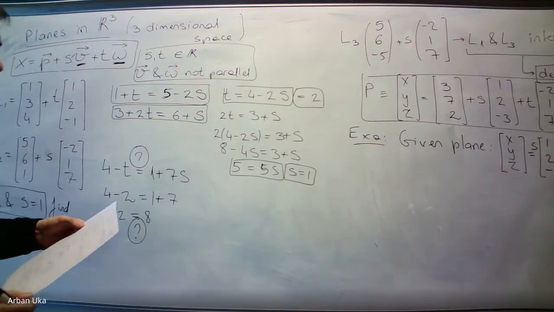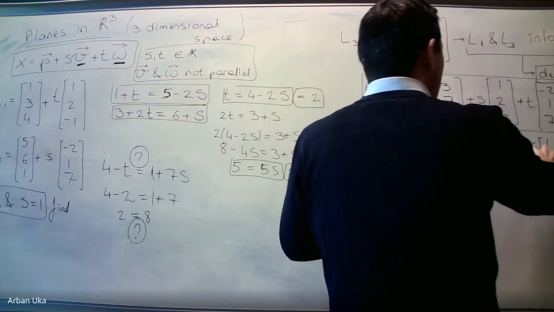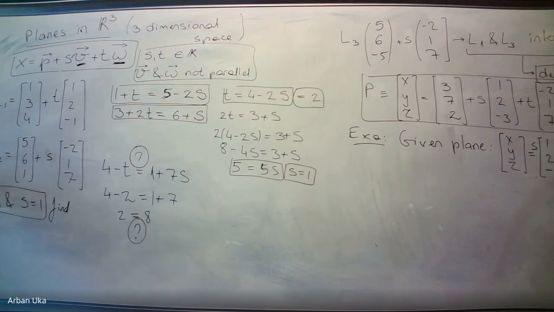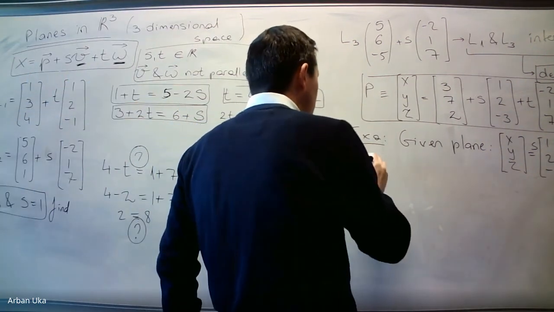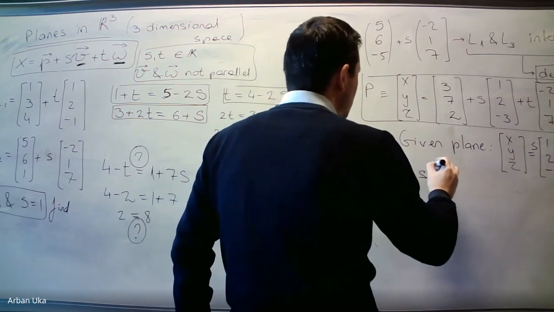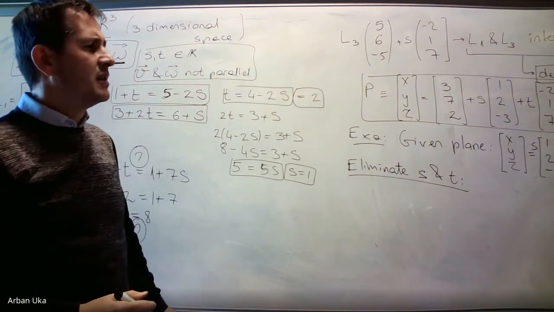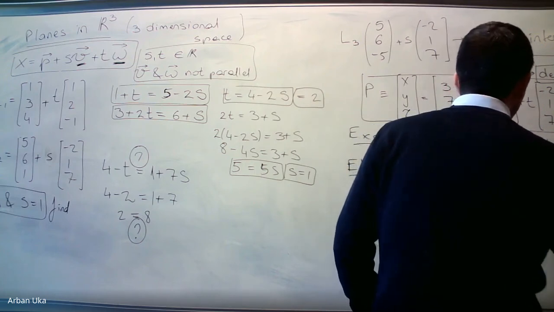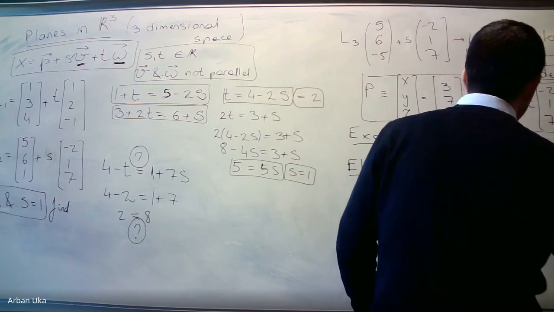So now, how can we transform this representation into something like this representation? All we need to do is eliminate s and t. How can we eliminate s and t? First of all, we see that x is equal to s minus 2t, y is equal to 2s plus t.